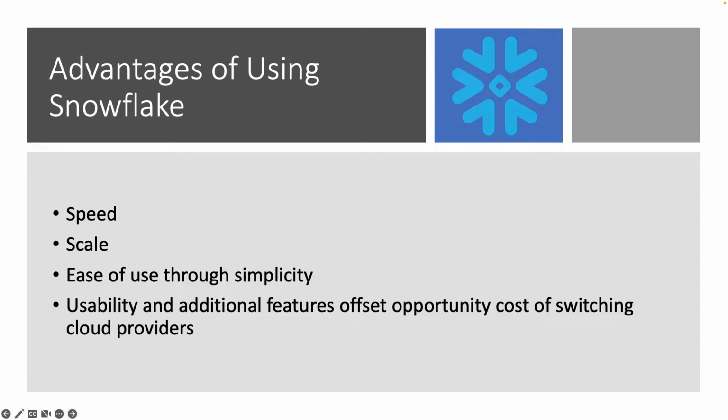So these features alone, the simplicity, the speed, and the scale, were so important to users that people flocked over to Snowflake, regardless of the opportunity cost of switching over, because no matter what it costs, they knew that they were going to gain so much long-term out of using Snowflake as a RDBMS platform.